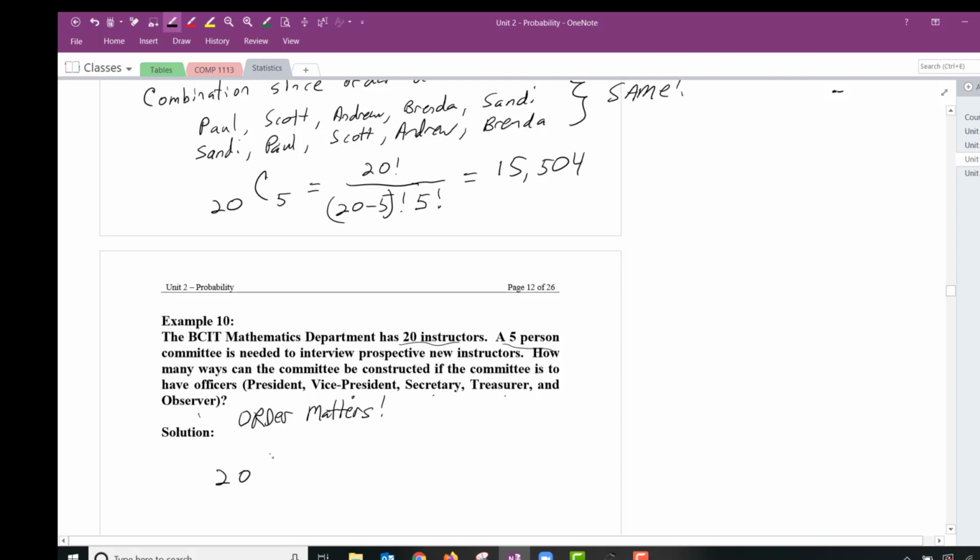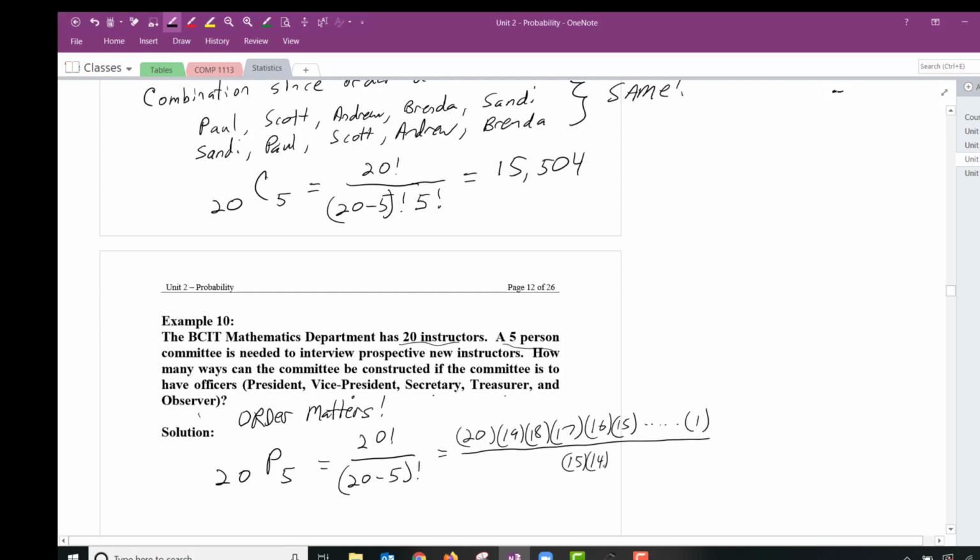So when we do this, it's just 20P5. So there's going to be even more. It'll be 20 factorial over 20 minus 5 factorial, which is 20, 19, 18, 17, 16, 15, down to 1, all over 15 factorial, so 15, 14, down to 1.